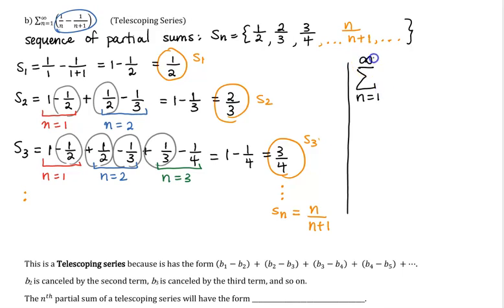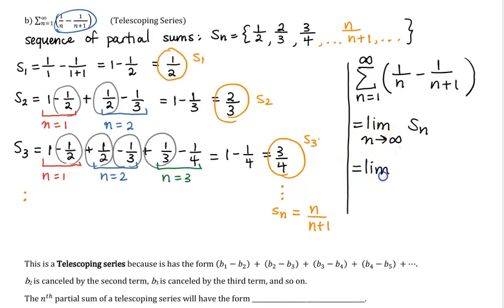This is what we're trying to find. What happens when we add up all of these numbers, infinitely many of these numbers? We know by definition that we can evaluate that by asking the question, what happens when we take the limit as n goes to infinity of just the first n terms? So don't add up all the numbers, add up n of them, but then apply a limit as n goes to infinity.